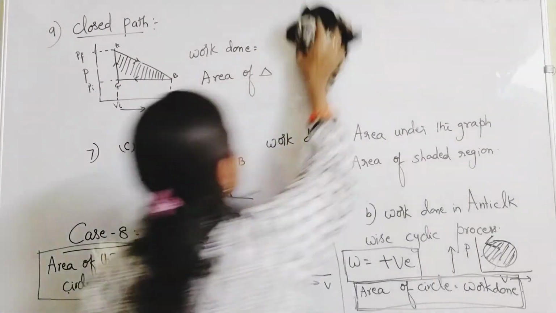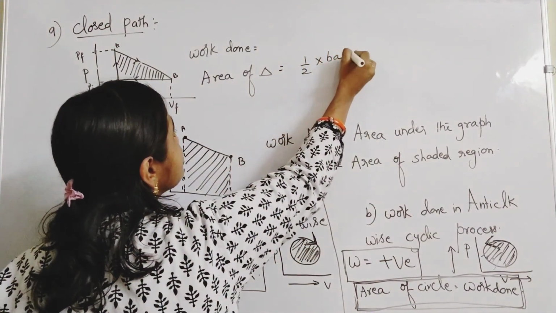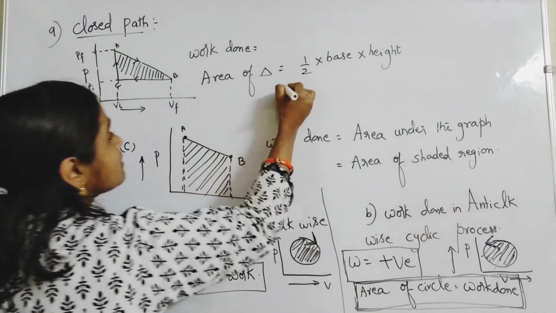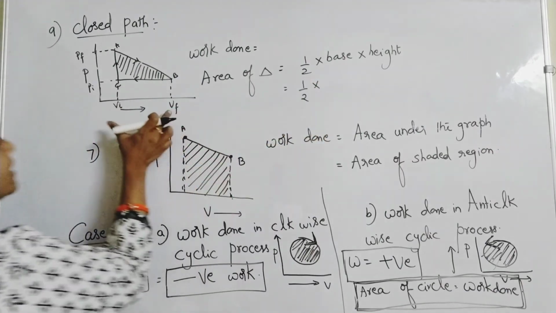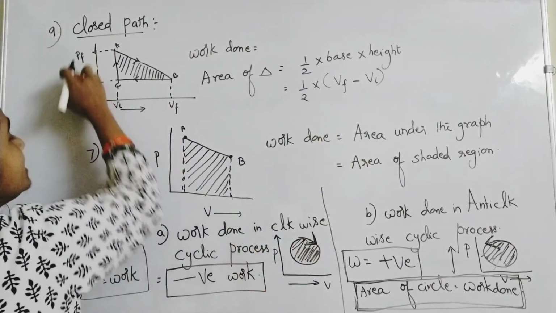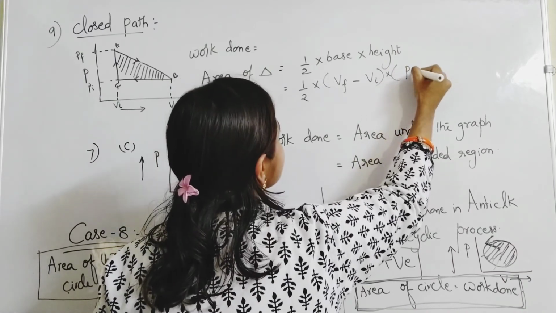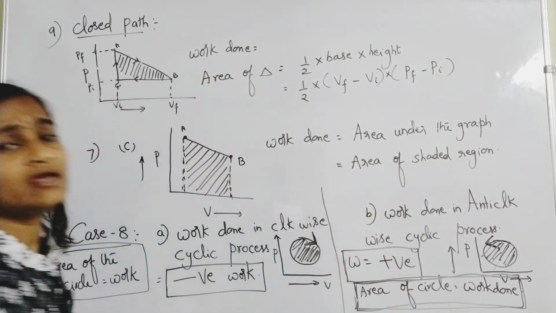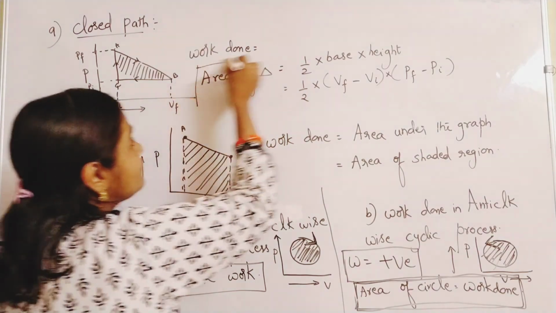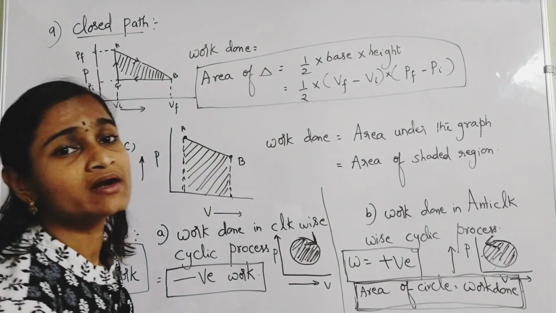Half into base into height gives you the area of the triangle, and that area is itself the work done.